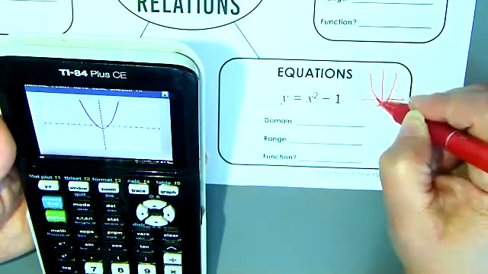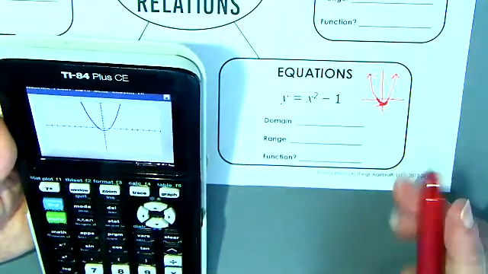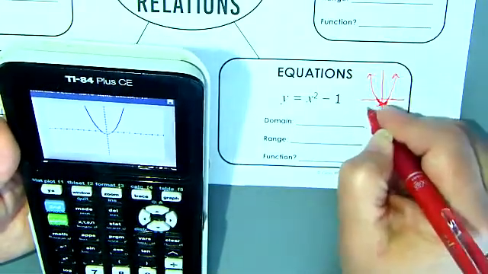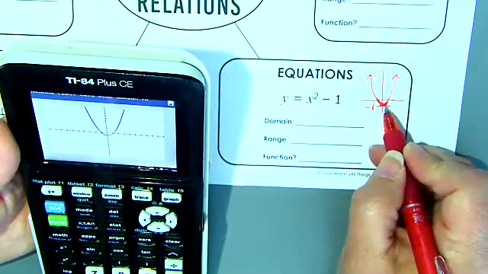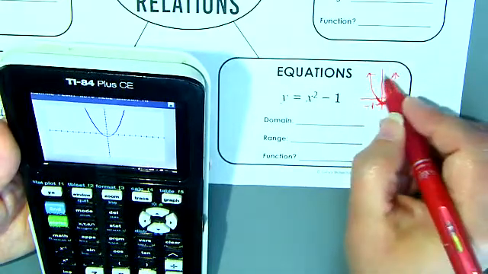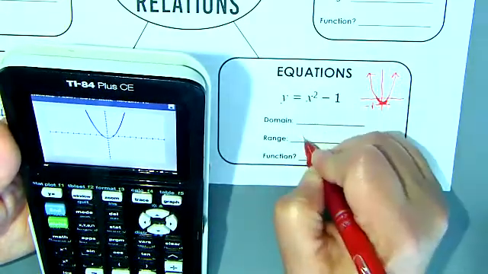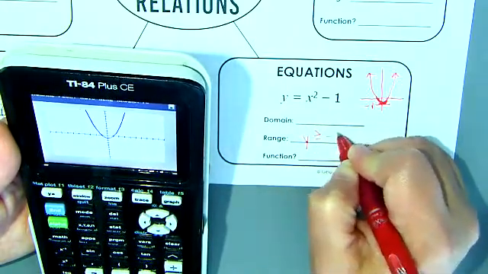This is not turning out as nice. And then it keeps going. The graph only goes so far. Okay, since it is hitting at -1 as the lowest, that means I can think, oh, my range has got to be everything that's bigger than that, everything that's up here. So it's going to be y is greater than or equal to -1.